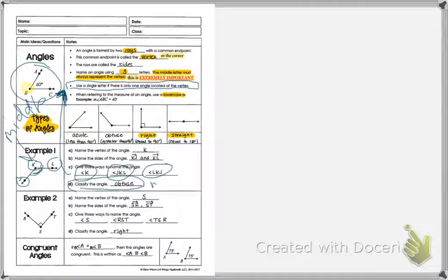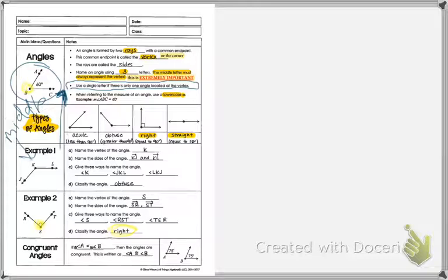It looks like it is more than 90 degrees. Example 2. Name the vertex. Well, I already know it's where they both connect. S. Name the sides. SR, ST. Give 3 ways. Well, 3 ways would be R, RST, or backwards, TSR. And because of this box right there, I know it is a right angle.